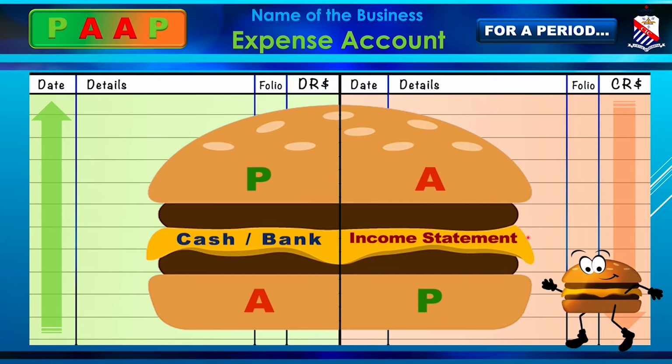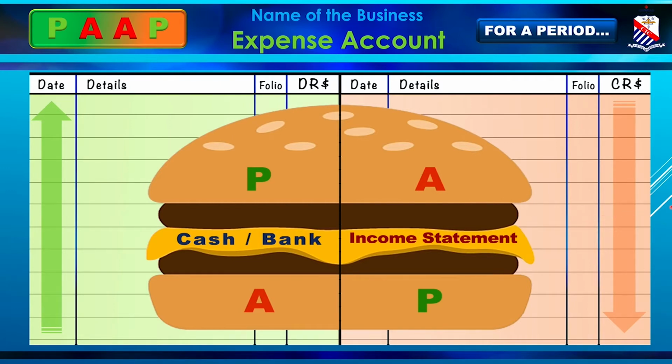So this half of your burger, you have PA with your cash and bank in the middle, and AP with your income statement or transfer to income statement in the middle. And this is your format for an expense account.